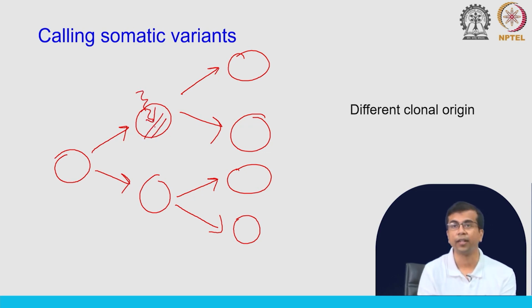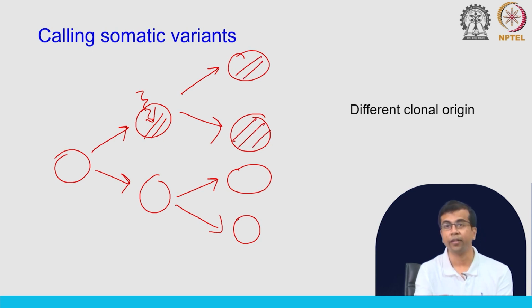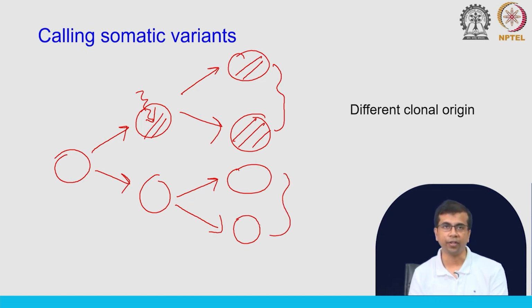This cell gets this mutation. So, what we will see is that this variant will be present in this one as well as this one, right. So, they are originating from this cell. So, these two cells here will also carry the same mutation, whereas these other two at the end here will not carry this mutation, right. So, they are arising from two different clones. So, that is why you see this difference, okay.